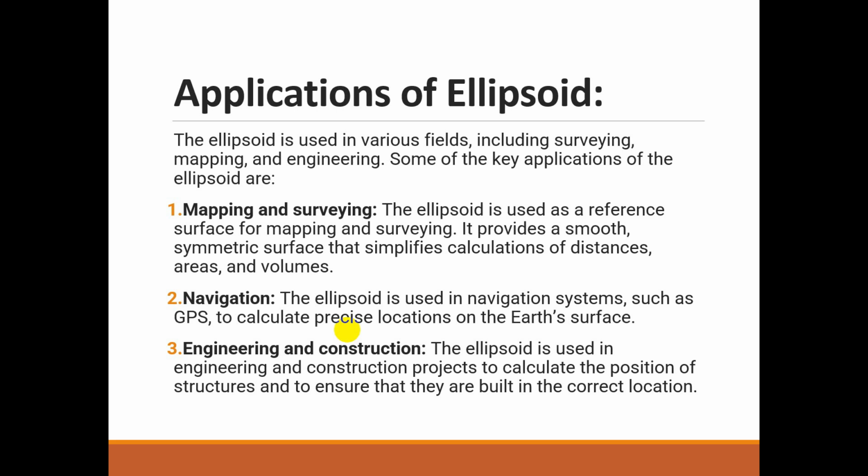So, for navigation, the GPS receiver uses a theoretical sea level estimated by a World Geodetic System or the WGS 84 ellipsoid. And third, the application of ellipsoid in engineering and construction to calculate the position of structures.